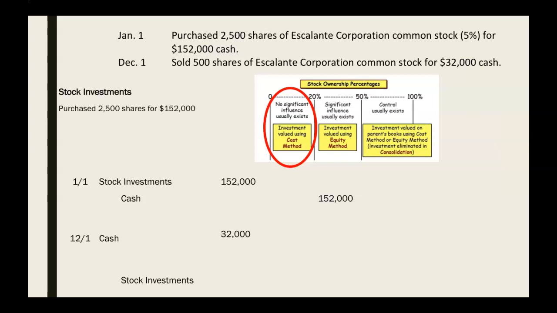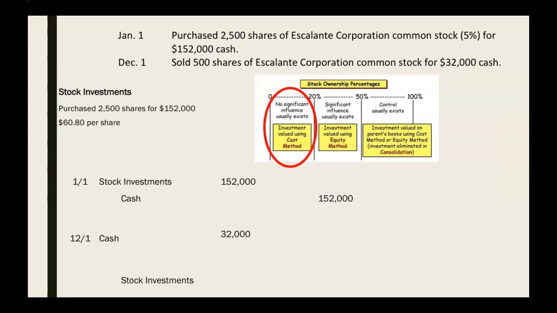For stock investments, we need to calculate that. So we go back to when we purchased all of these shares. We purchased 2,500 shares for $152,000. We can divide those two numbers to figure out how much per share we spent. So 152,000 divided by 2,500 gives you $60.80 per share.